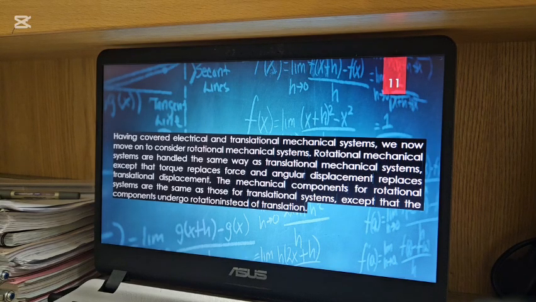Rotational mechanical systems are handled the same way as translational mechanical systems, except that torque replaces force and angular displacement replaces translational displacement. The mechanical components for rotational systems are the same as those for translational systems, except that the components undergo rotation.